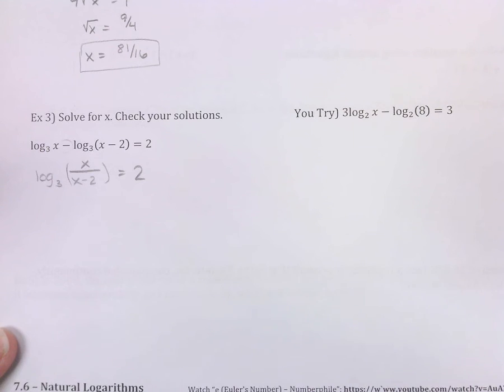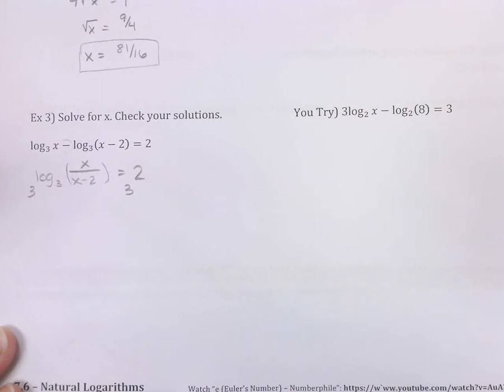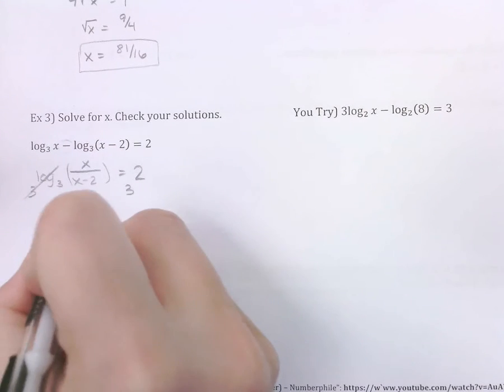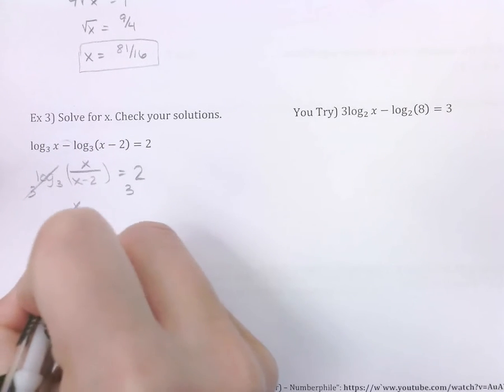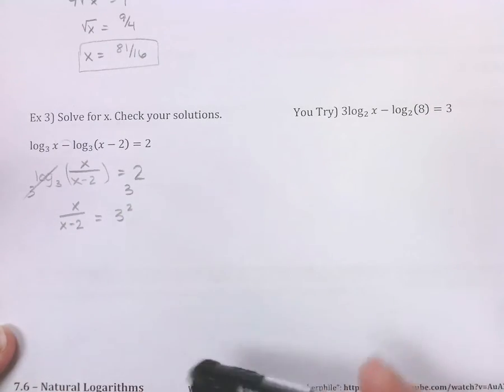And then we want to get rid of the logarithm, so we're going to use a base 3. So these cancel. I get x over x minus 2 equals 3 squared, which is 9. So let's write 9 there.